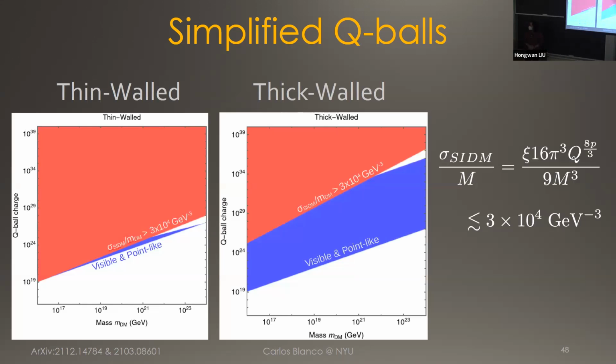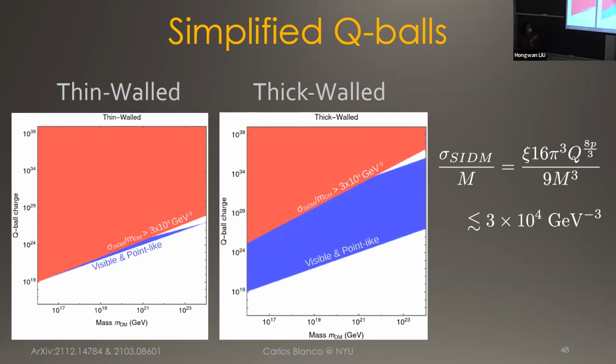And so we can plot the parameter space that's visible and point-like, and we find that thin-walled Q-balls are really kind of ruled out at this point for the most part. The parts of parameter space that are visible to a large array of mechanical sensing oscillators are really quite small.